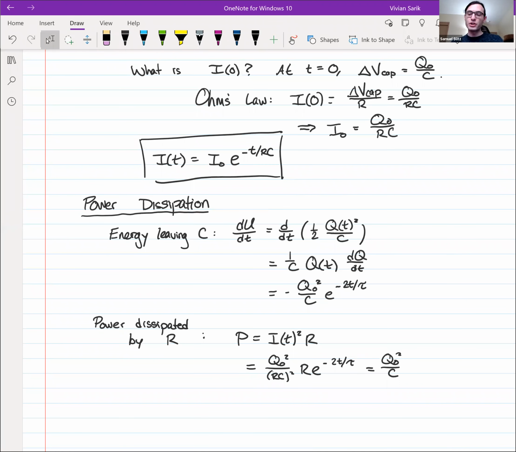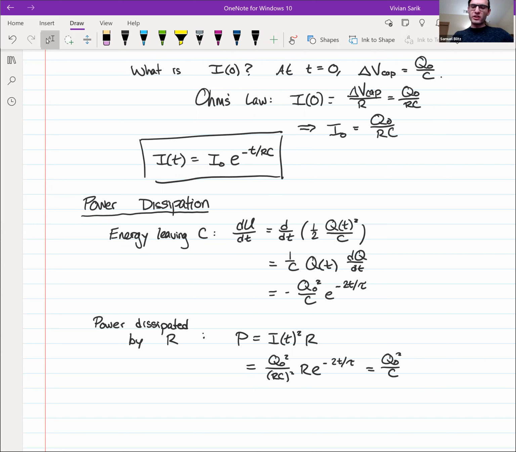So we should end up with the same thing, and I'm just trying to figure out what went wrong here. Charge divided by capacitance.